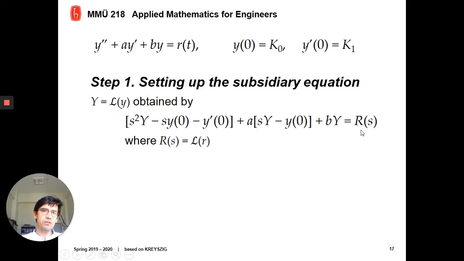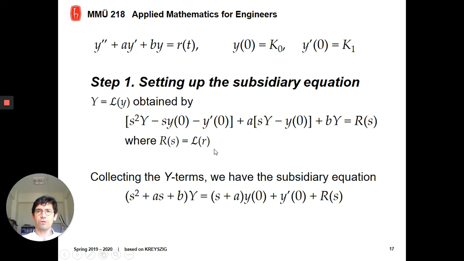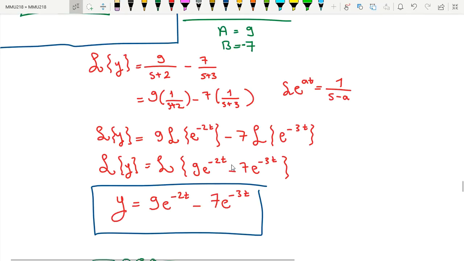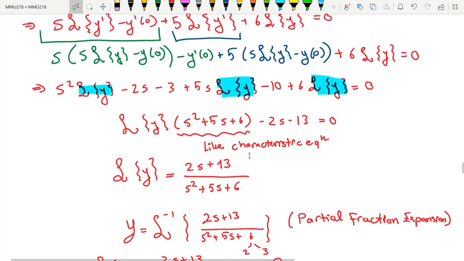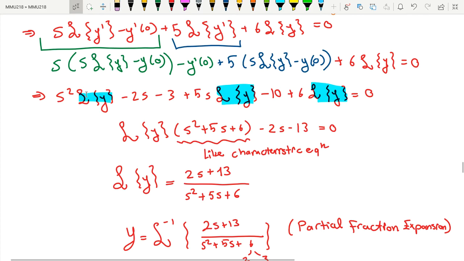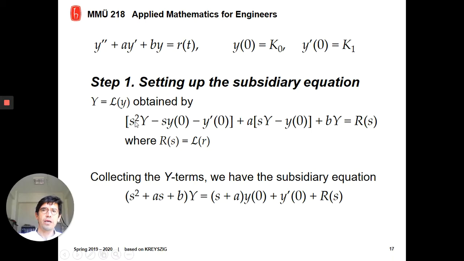And over here on the right hand side, I might have an input signal, or mechanical input, whatever. And if you collect the y terms, which is Laplace of y, which we did before in our example over here, right? So we try to reach this Laplace y by taking the second derivative and the first derivative properly.